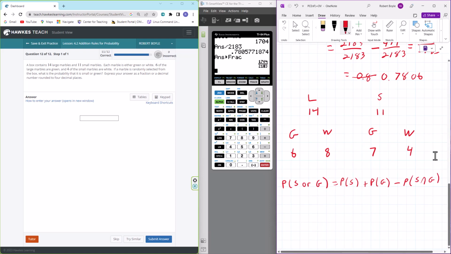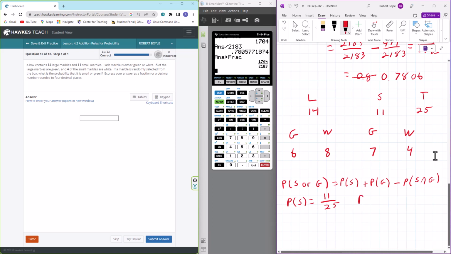Now notice here that we have a total of 25 marbles. So the probability of a marble being small is going to be equal to the number of small marbles you have, which is 11, divided by the total marbles you have, which is 25.